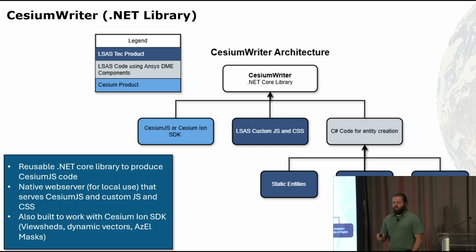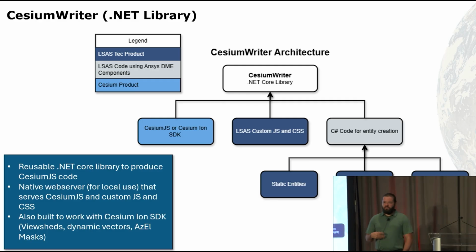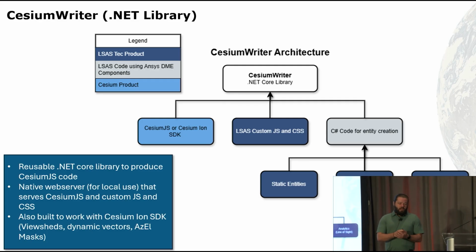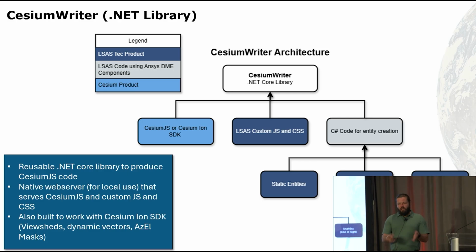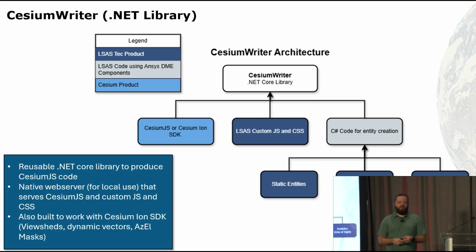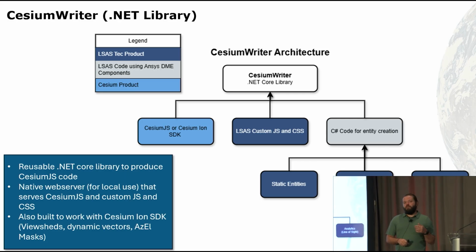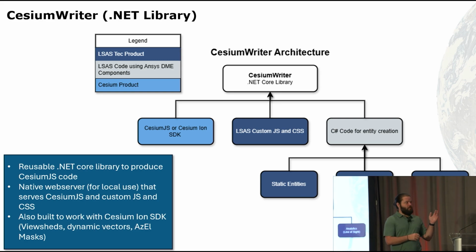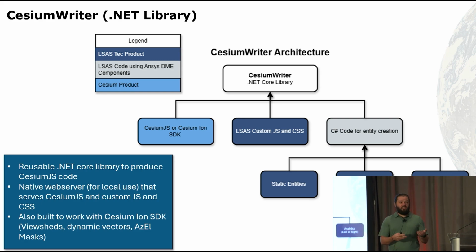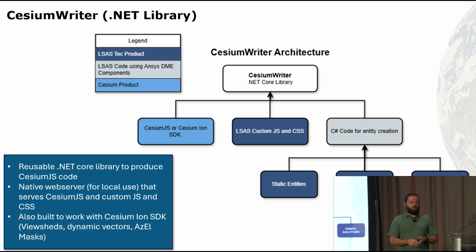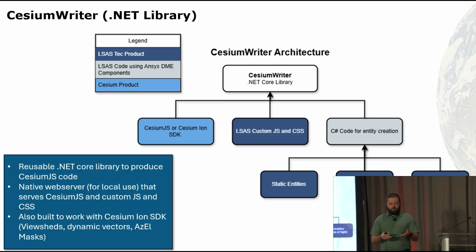This is a set of reusable classes and methods written in .NET Core to produce CesiumJS code natively. And these can then be used to take anything from SDK or ODTK or anything that's producing propagated ephemeris-type vehicles. So this can be aircraft, this can be spacecraft, and create the CesiumJS code for that.